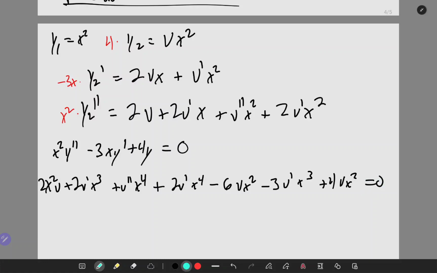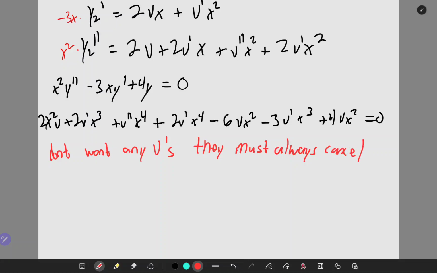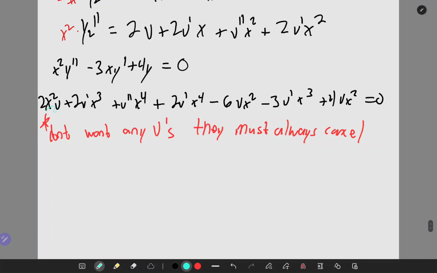Okay, so let's look at what we can combine. Let's look at the x squared v's, because we want to get rid of v, remember. We don't want any v's. They must cancel. So let's try and cancel out these v terms here.